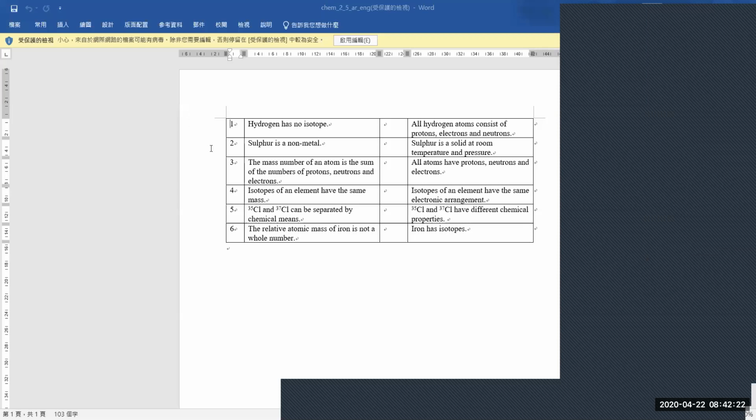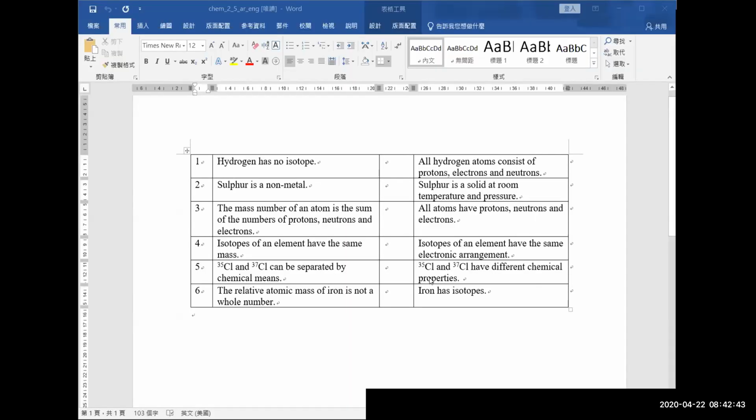For each chapter we have some assertion-reason type questions. It's a very good way for you to start studying the questions, to see if your conception is still okay.